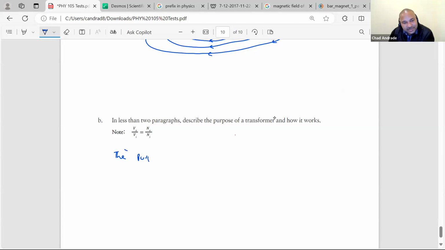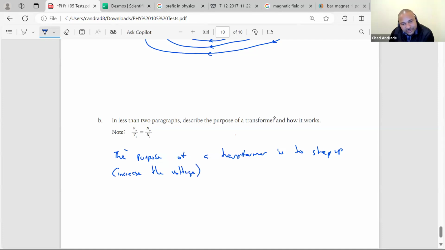The purpose of a transformer is to step up. So I'm going to use a term that's normally used. And then in brackets, I'm going to put something that makes sense. Increase the voltage.